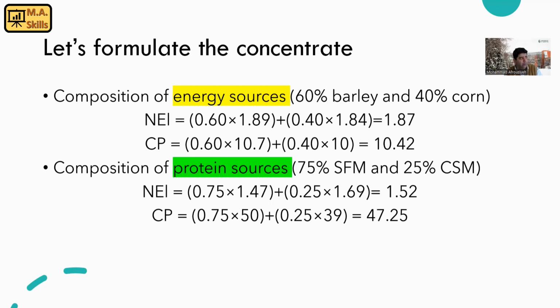And also we will have the protein section, which can be single cell protein, for example, yeast, or it can be plant-based protein, different meals like soybean meal, cottonseed meal, sunflower meal, or it can be animal-based protein like fish meal, meat meal, and so on.